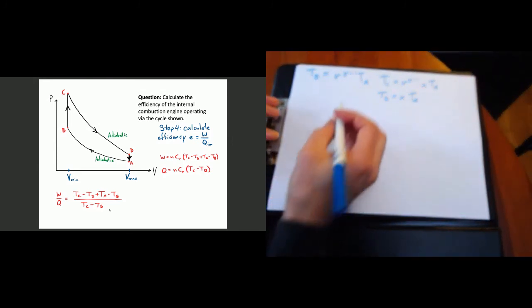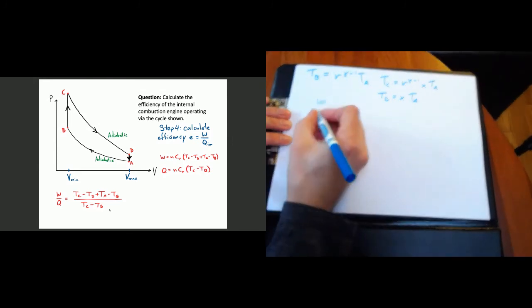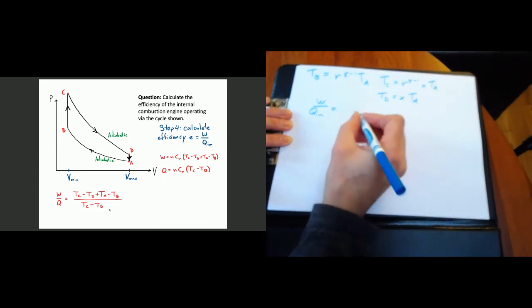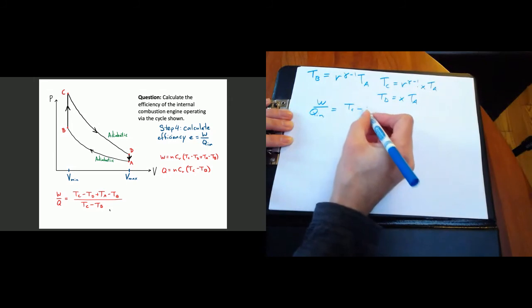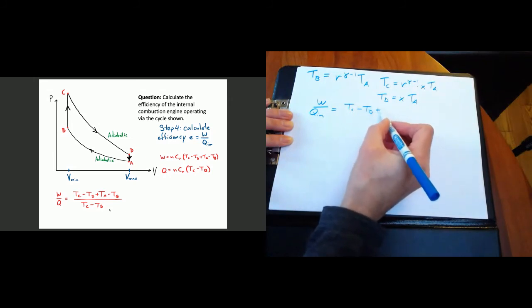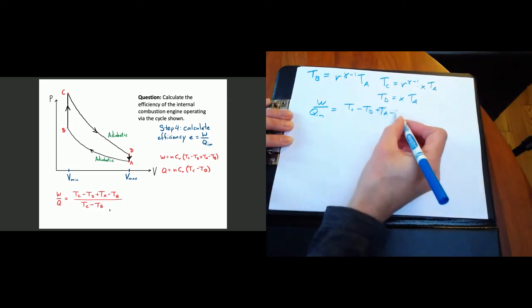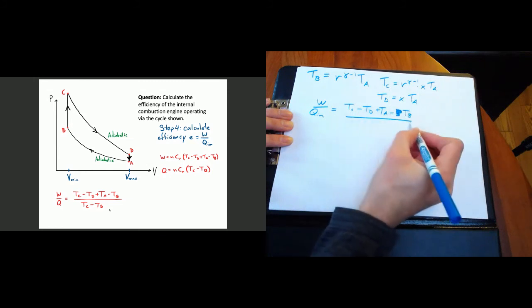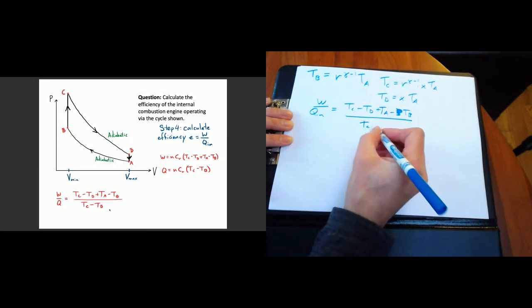So now let's calculate our ratio, W over Q in, which we found for this process to be Tc minus Td plus Ta minus Tb, over Tc minus Tb.